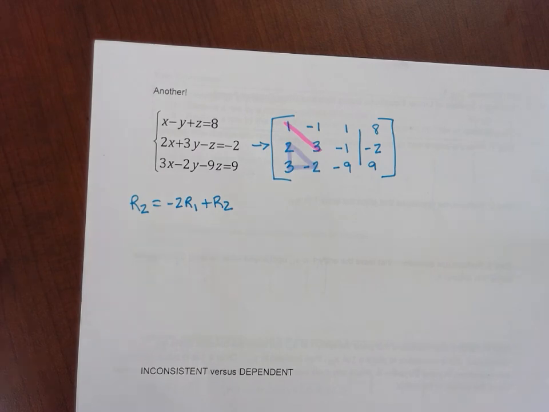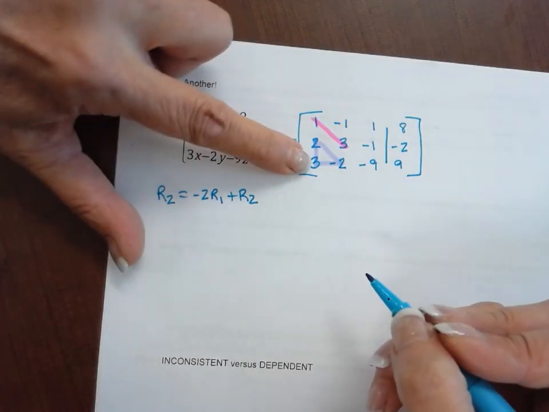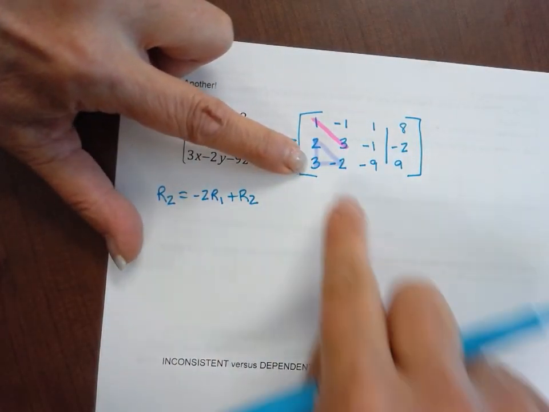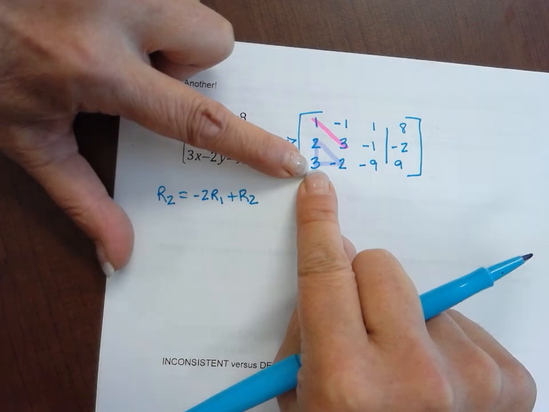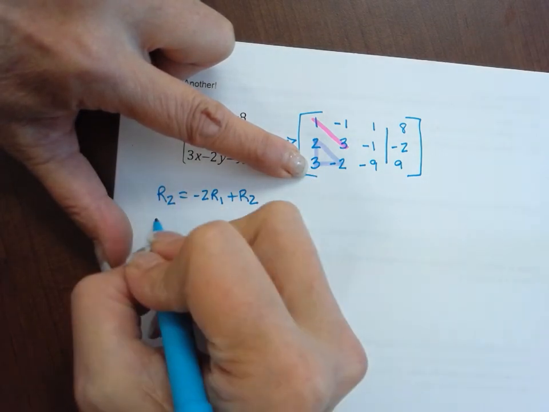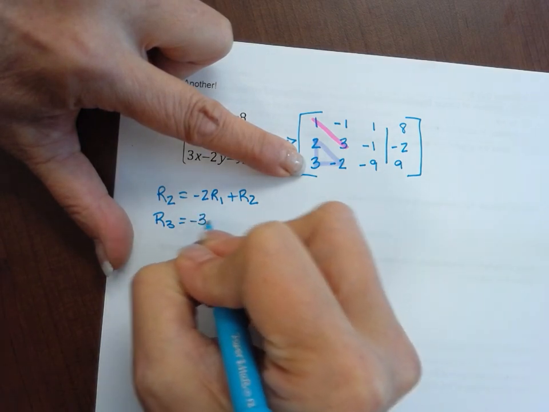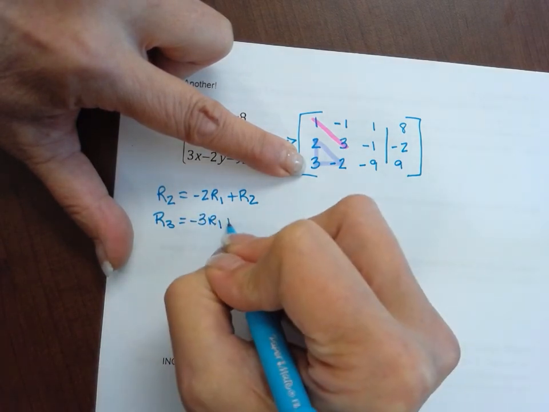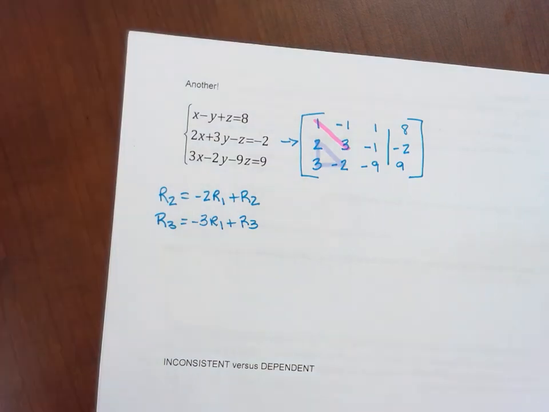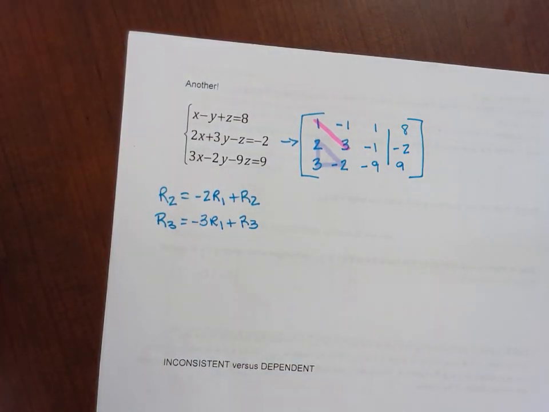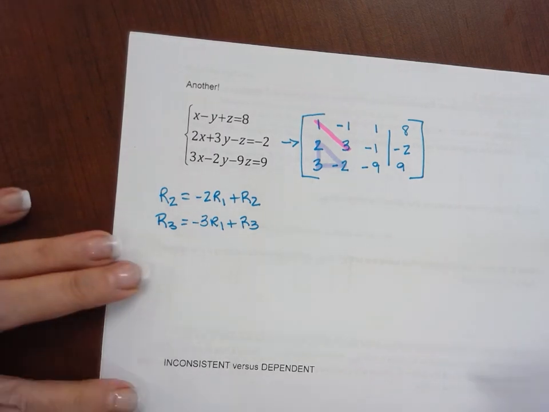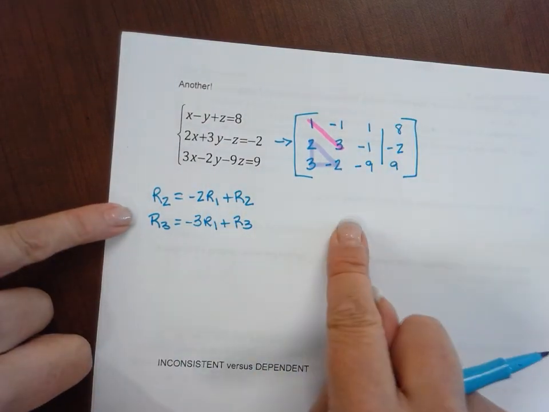Then, once we do all that, for the third one to get to a 0, I'm going to need to multiply row 1 by a -3 and then add it to row 3. Okay. All right, so let's go ahead and do that.